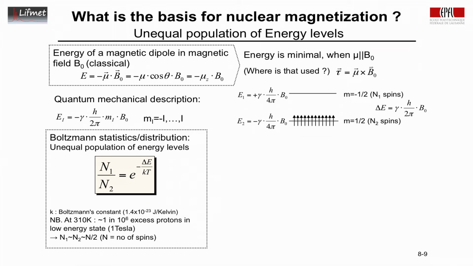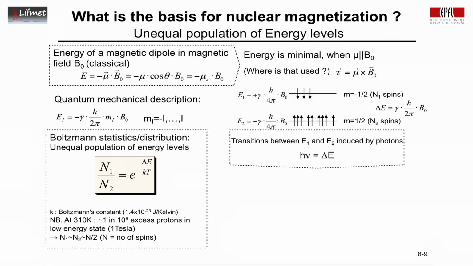For us in biomedical imaging, this is not very interesting. We cannot really cool down our subjects for imaging. So if we raise the temperature gradually, the thermal energy will bump some of the spins into the higher energy level. And as we increase the temperature, we have more and more in the higher energy level. We'll still have a certain difference in the population unless we have the temperature go to infinity.